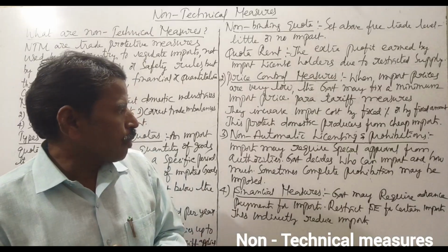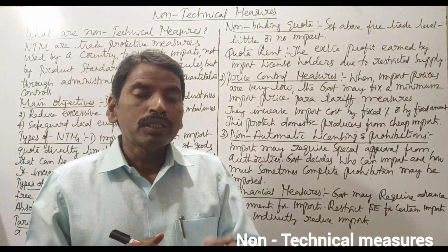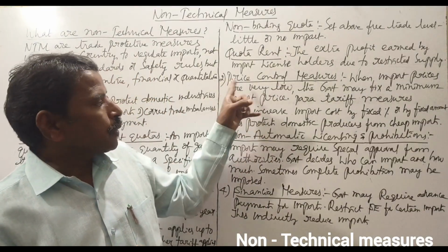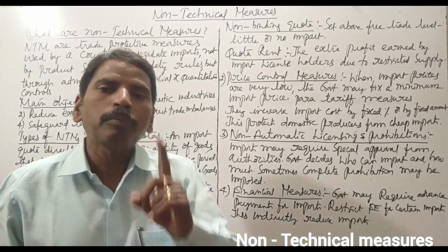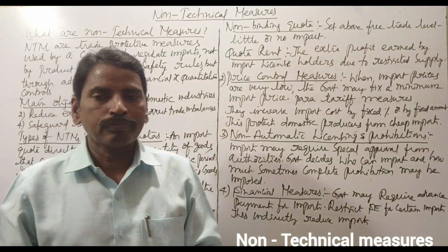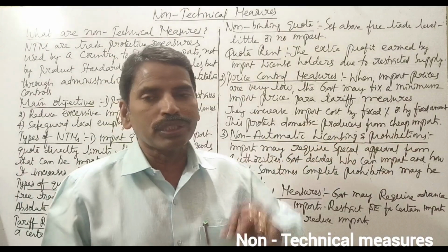These measures are called price control measures. Next, third one is non-automatic licensing and prohibitions.